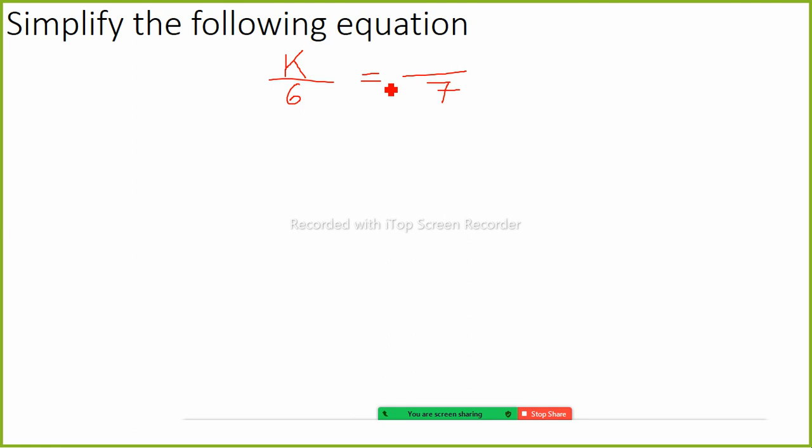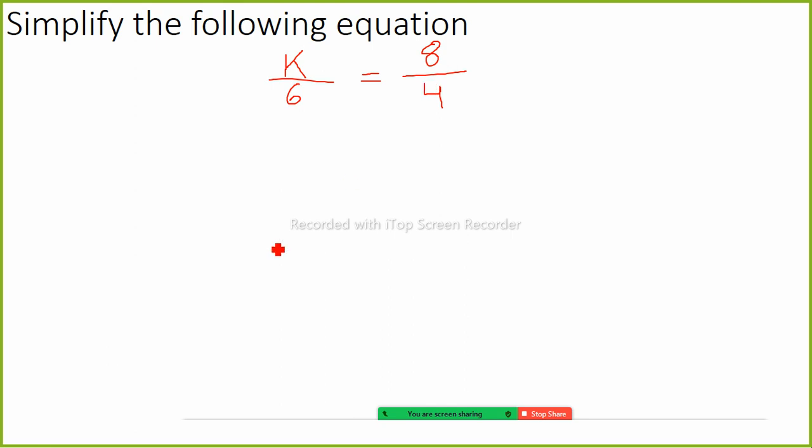And let's say that this is 4 to make it easier. Let's say that this is 8. Okay, good. So you have k over 6 equals 8 over 4.